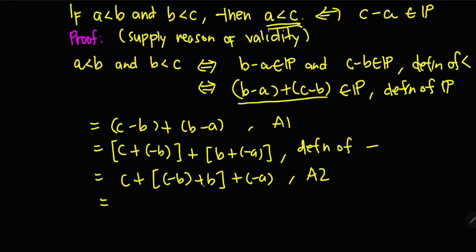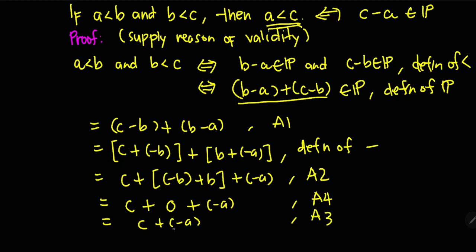Looking at the expression inside the bracket, we have C plus 0 plus negative of A because of the existence of additive inverse. And C plus 0 is simply C because 0 is the additive identity. So that's A3.